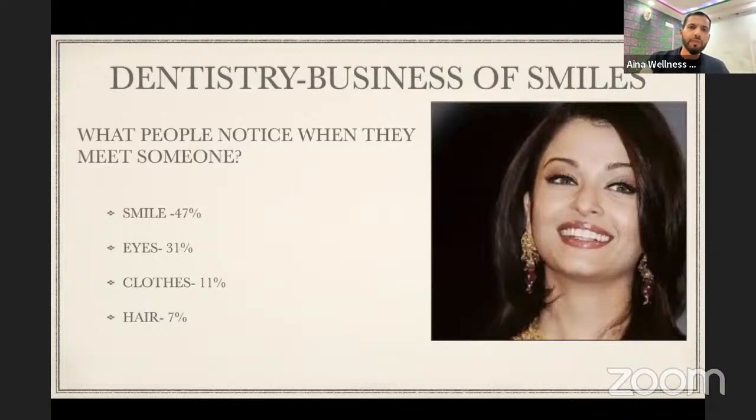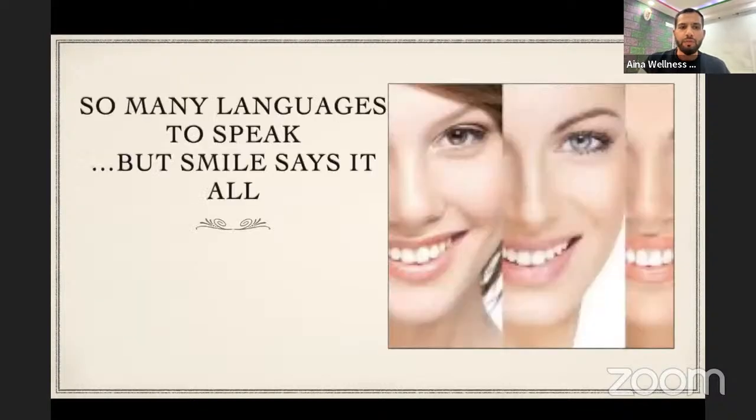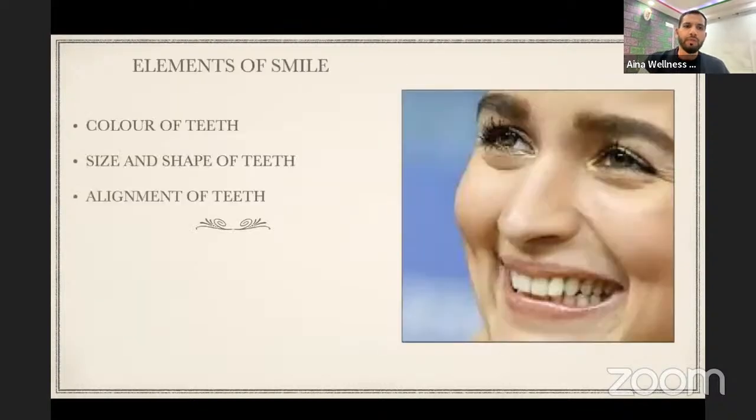As you know, dentistry is a business of smiles. When you look at a person, the first thing that catches your attention is the smile, and other things follow. The elements of a smile include color, shape, size, and alignment of teeth.